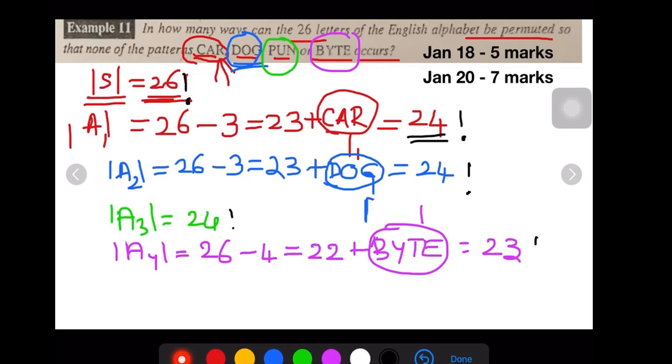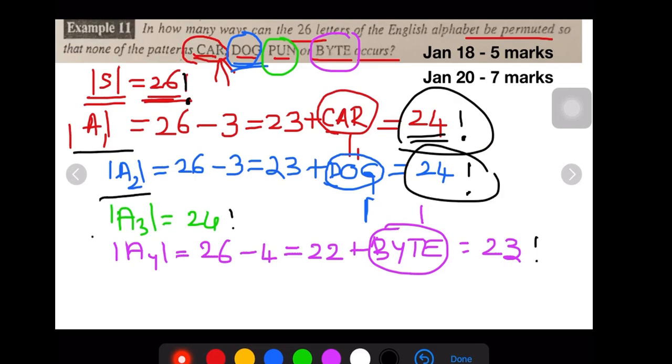So those are all our data now. A1 is 24 factorial, A2 is 24 factorial, A3 is also 24 factorial, A4 is 23 factorial. So all individual sets are computed.